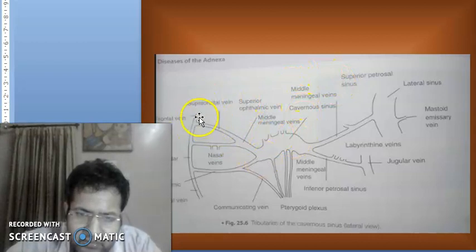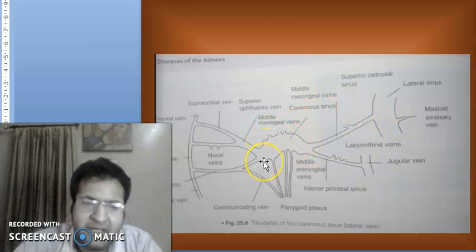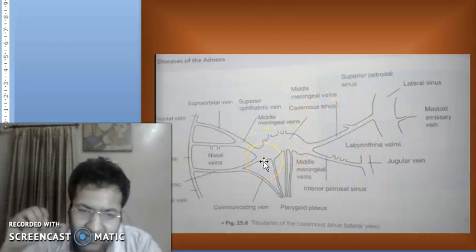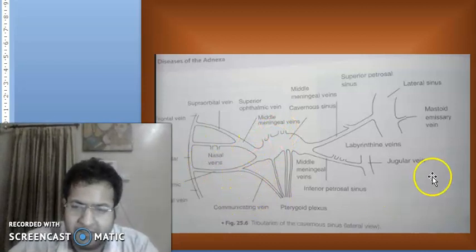The tributaries from the orbit that connect with the cavernous sinus are the superior ophthalmic vein, the angular vein communications, and the nasal veins. So an infection in any of these parts can lead to the cavernous sinus if the infection spreads inside the cranium, that is, to the brain.